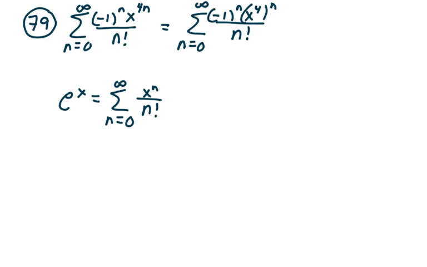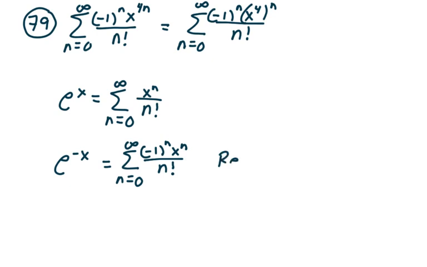Now, if I take e to the negative x, this is the summation from n equals 0 to infinity of negative 1 to the n, x to the n, divided by n factorial, right? And then what I can do is replace x with x to the 4th.